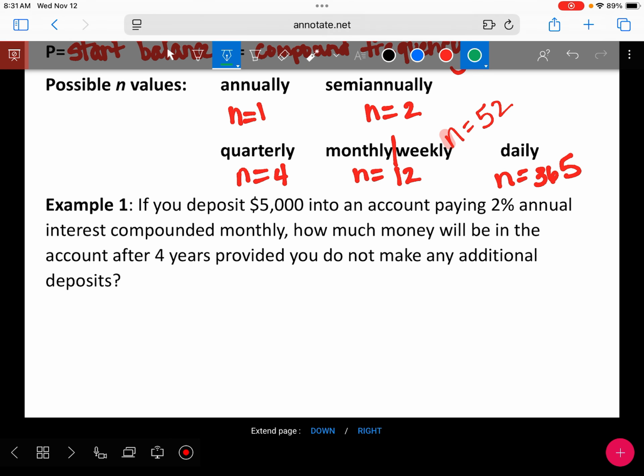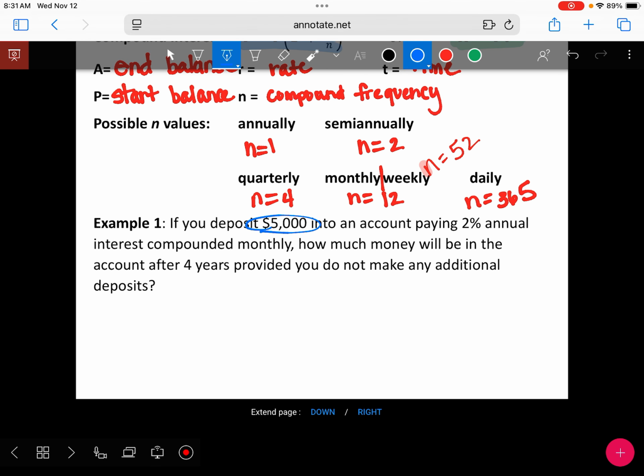It says you deposited $5,000 into an account. So that's my starting balance. So P is 5,000 into an account that pays 2% annual interest. So R is 0.02. You always change your percent to a decimal.